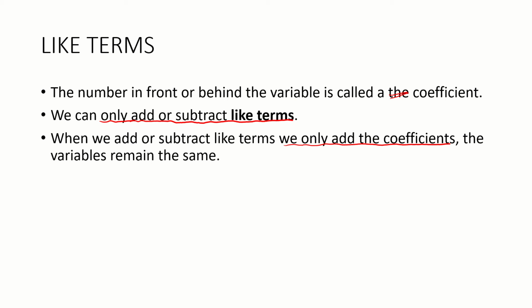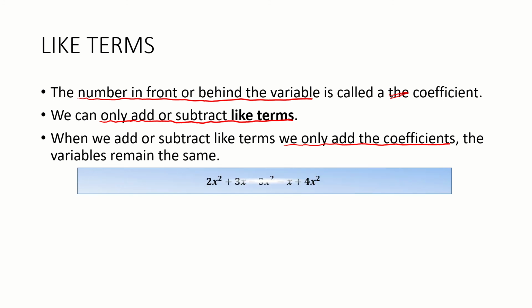What are the coefficients again? That will be a number in front or behind the variable. For instance, we said these ones are like terms and the red ones will also be like terms. How do we add the ones in blue?